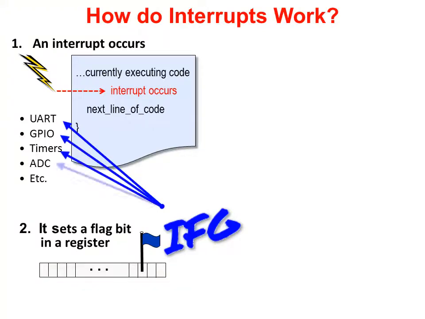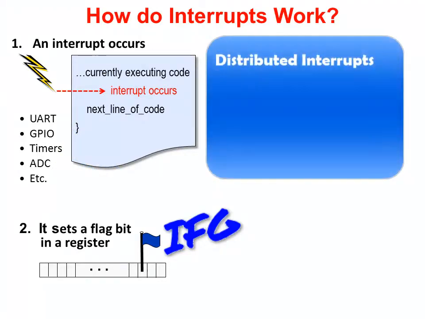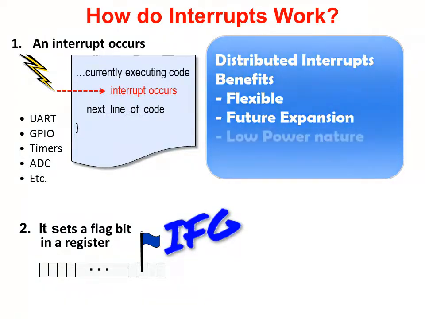That is, most of the interrupt flag bits are found inside each peripheral's control registers, which is a little different than many other processors which have a common dedicated set of interrupt registers. The distributed nature of the interrupts provides a number of good benefits in terms of device flexibility and future expansion. Further, it fits really nicely with the low power nature of the MSP430.